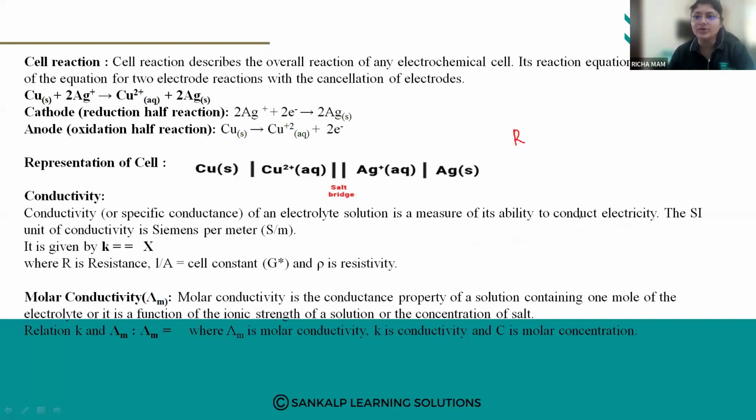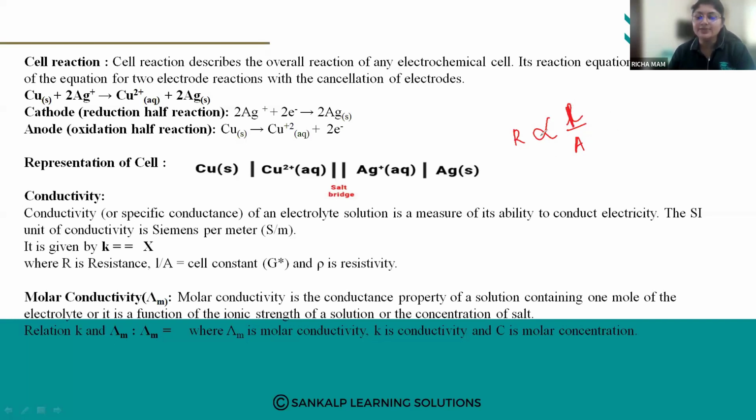The electrical resistance of a material is directly proportional to the length and inversely proportional to the cross-sectional area. So it is given as L by A.